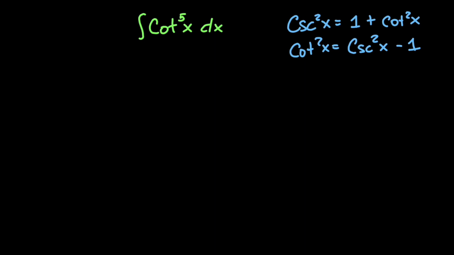The integral of cotangent to the power 5 of x. So, once again, factor out one cotangent squared multiplied by cotangent cube of x.